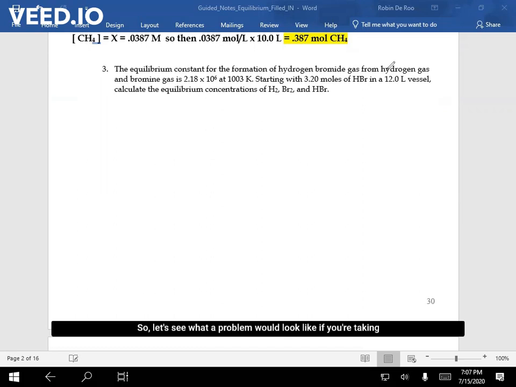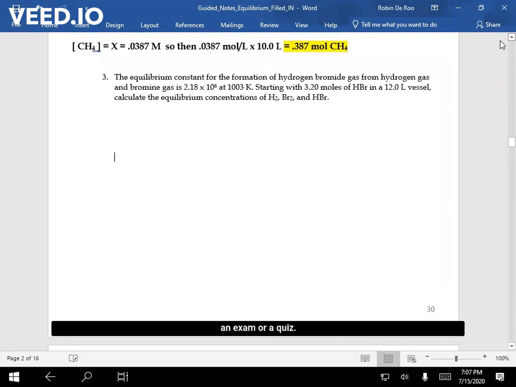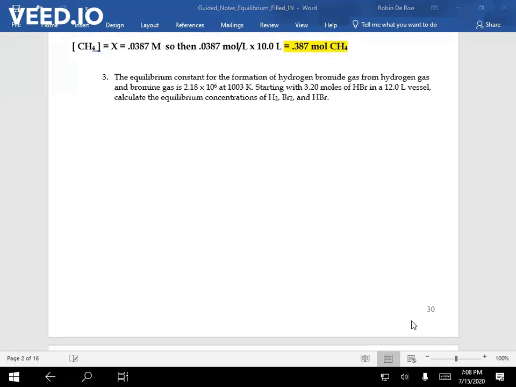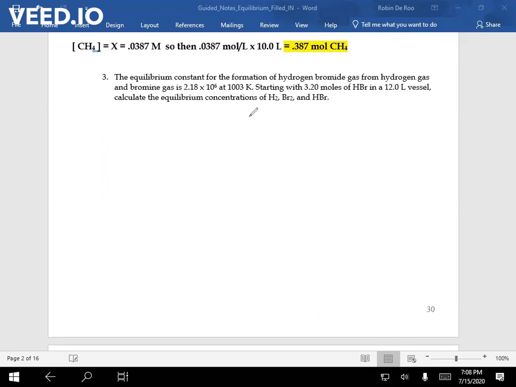So let's see what a problem would look like if you're taking an exam or a quiz. For example, we have a question here. The equilibrium constant for the formation of hydrogen bromide gas from hydrogen gas and bromine gas is 2.18 times 10 to the 6 at 1003 Kelvin.